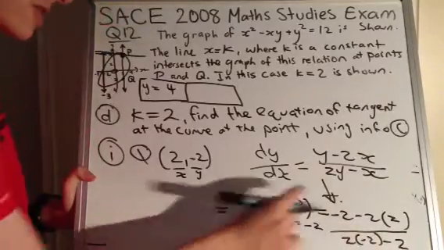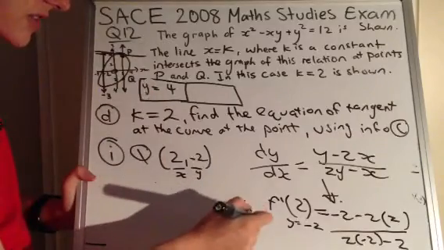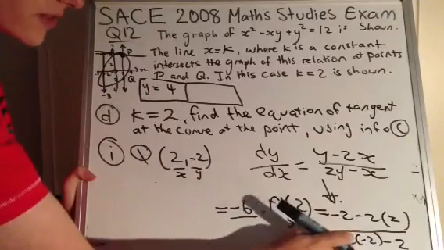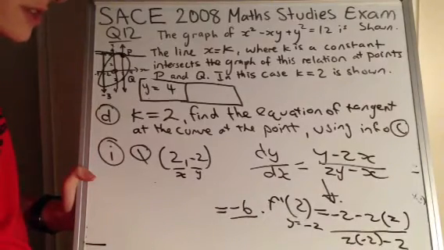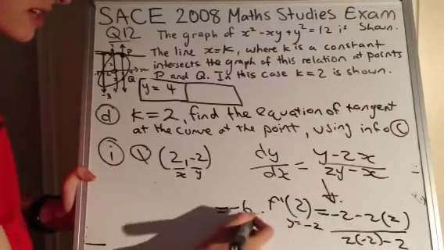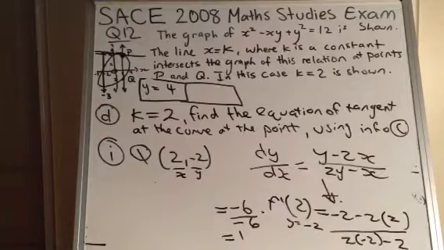So therefore what we get is negative 2 take 4, so we're going to get negative 6, and that's negative 6 over 2 times negative 2, which is going to make negative 4, and then negative 4 take 2 makes negative 6. So we get negative 6 over negative 6, which is also equal to 1, because a negative divided by a negative makes a positive. Okay.